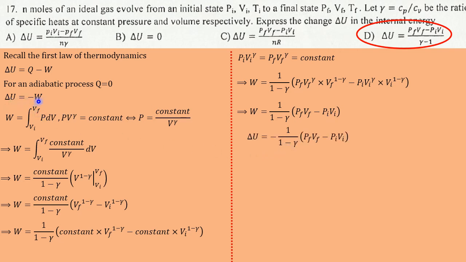Now you can see that from here delta U is minus W. So when we substitute W in that expression, we have delta U equals minus what we have calculated for W. When this minus sign affects the denominator here, that gives us PfVf minus PiVi divided by gamma minus 1. So that's our delta U for that process.